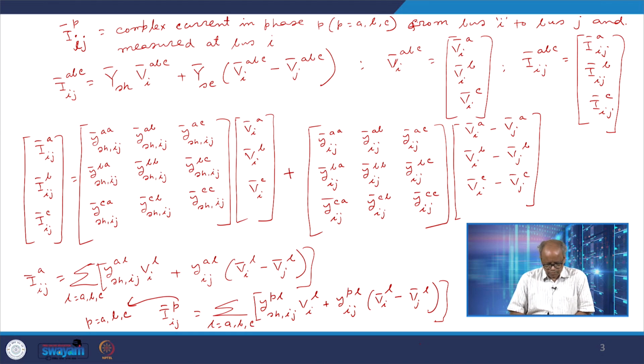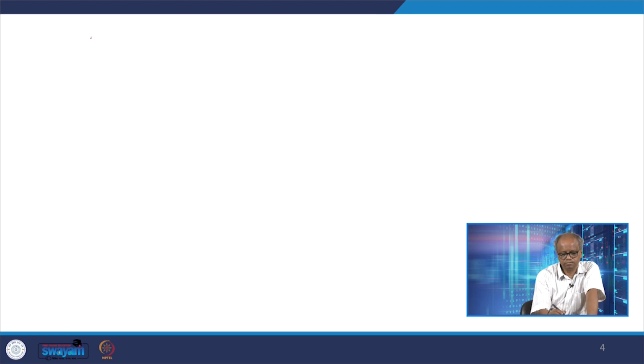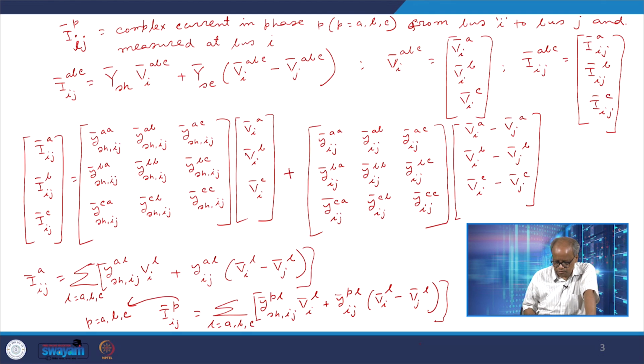Now, here you see these are the expressions. These quantities are all complex quantities. Suppose we have Y shunt IJ PL. The notation we have used is Y shunt IJ PL.